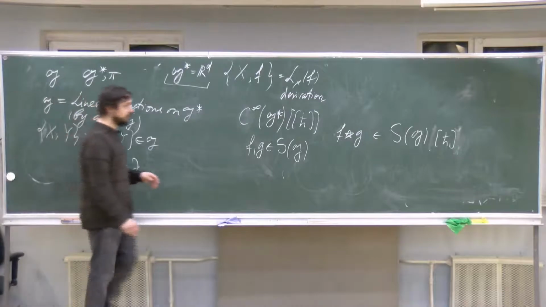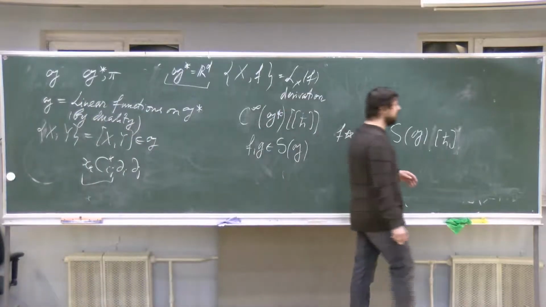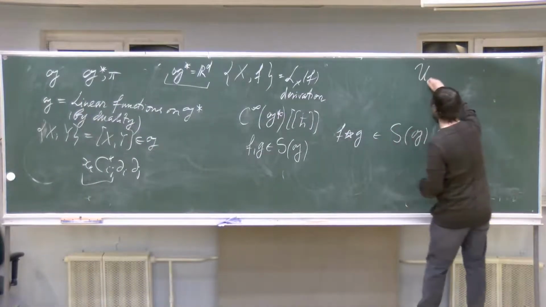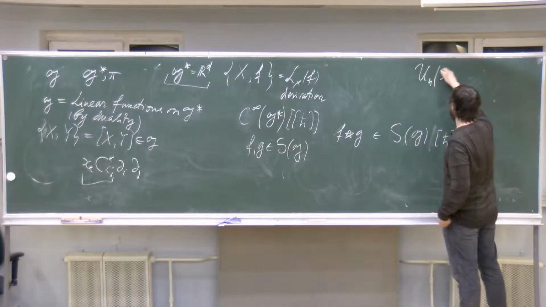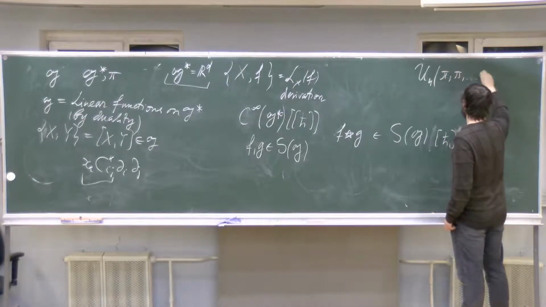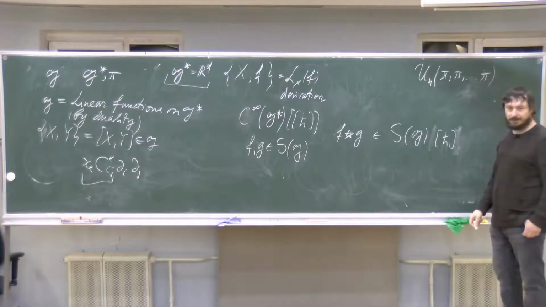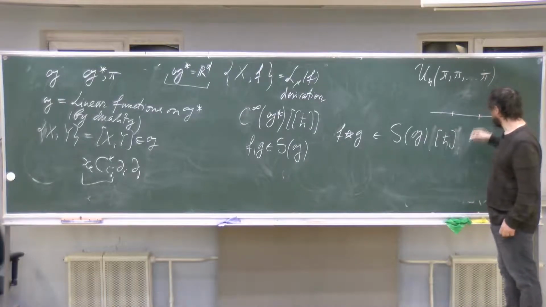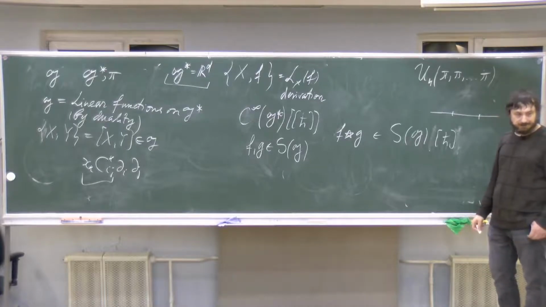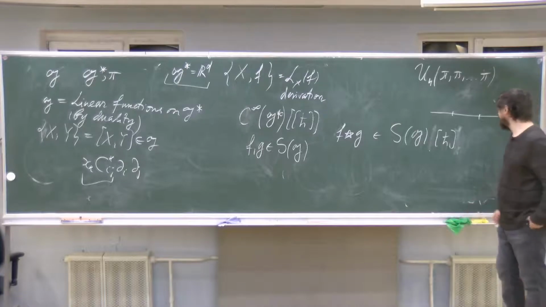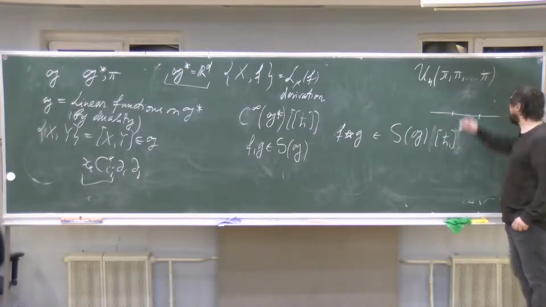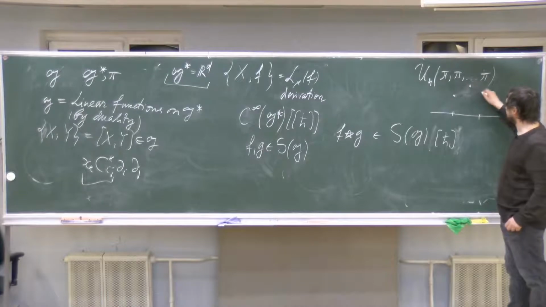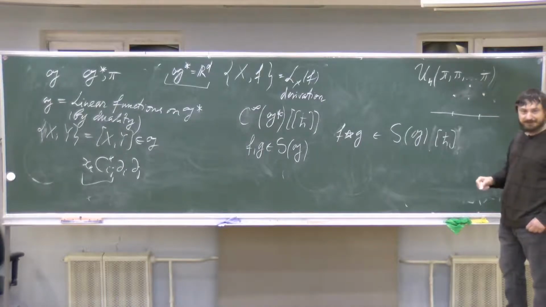Now look at the diagrams which appear when you construct U_n of pi, pi, pi. All these diagrams will be of this sort. So first of all, there will be only 2 points of the second type, because you obtain a bivector, right, eventually. Next, there will be n points of the first type, and every point will have exactly 2 arrows leaving this point.